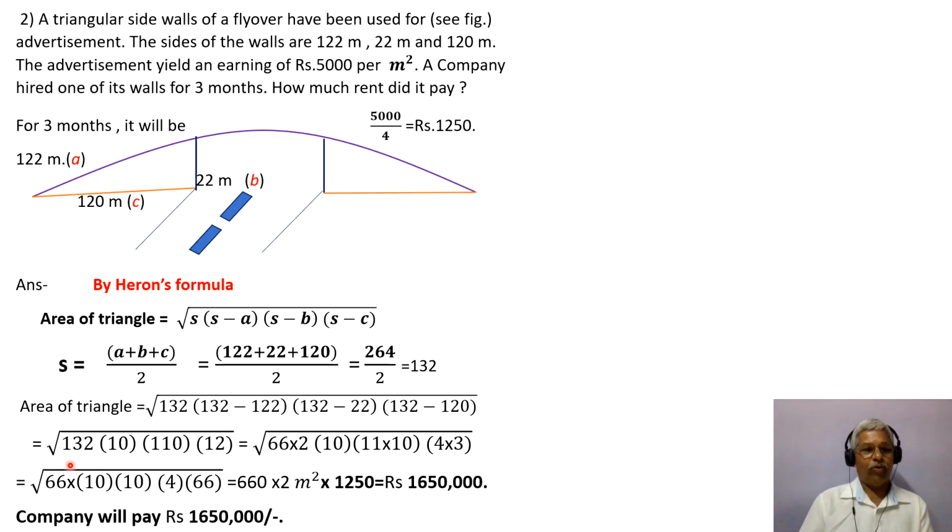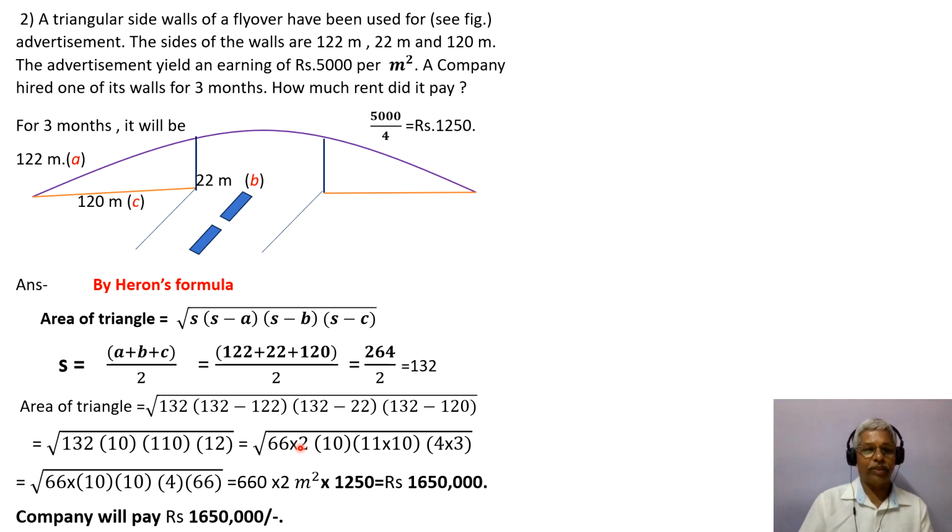Okay, now I am writing all these like this. For some convenience, 132 is written as 66 into 2. This is 10, this is 11 into 10, and this is 4 into 3. Okay, now see, this 66 is to be carried as it is under the root sign, and this 10 and this 10 come out, and this 4 comes out as 2.